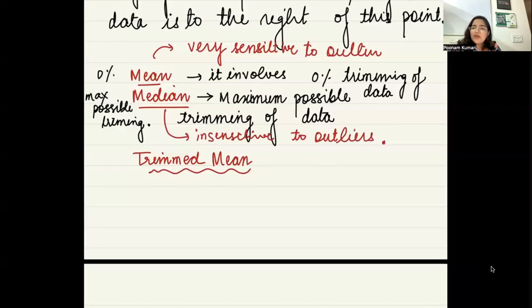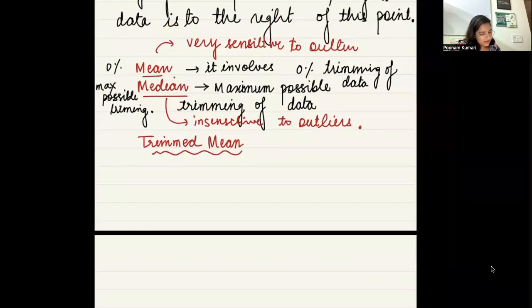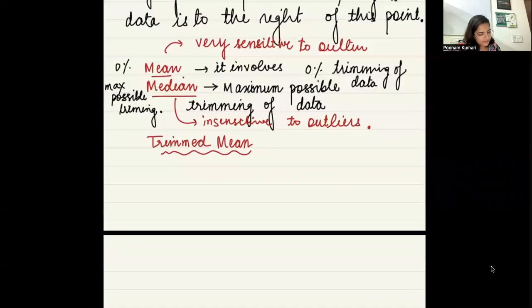So now we are looking for a middle ground, which is in the middle of these two. So it's a middle ground between mean and median. You are trimming something, but not everything, like we do in the median. So what is a trimmed mean? We'll understand how to calculate it. It's kind of a compromise between these two.